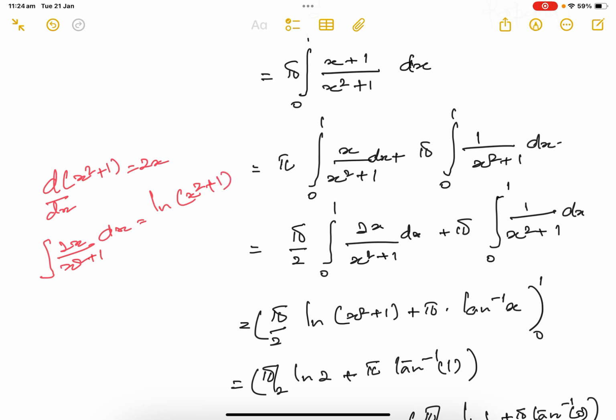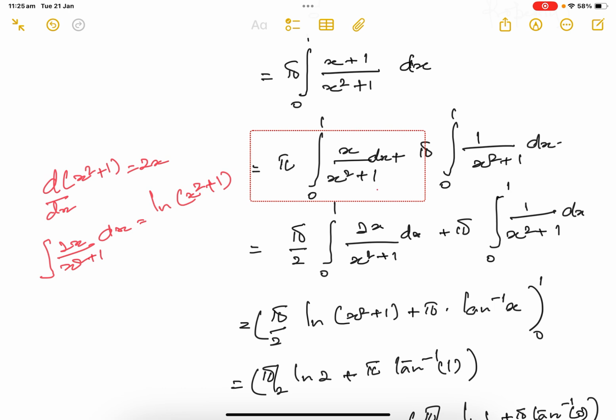It's a simple property of integration. If the numerator is the differentiation of the denominator, then the integral of the whole function will be the log of the denominator. So we have x squared plus 1, and its differentiation is 2x, but we only have x.